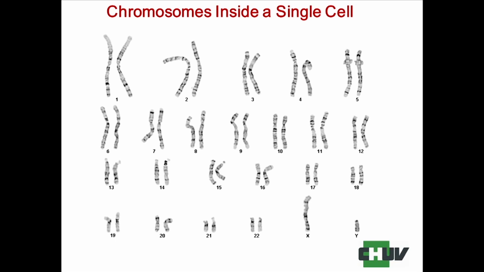These are 23 pairs of chromosomes inside a cell, and this is still being used for diagnosing different disorders. Like trisomy 21, the Down syndrome, which I see a lot.